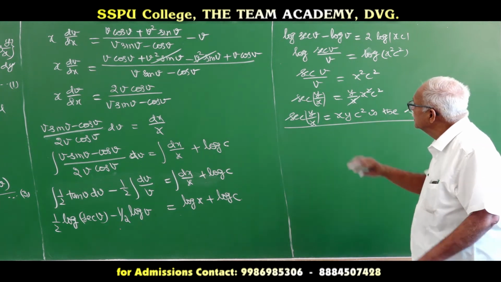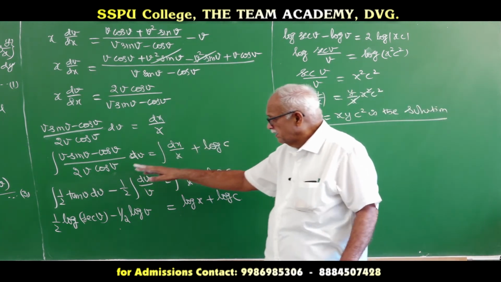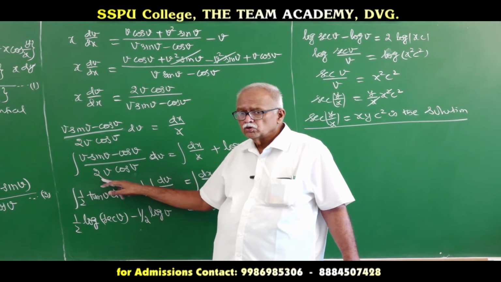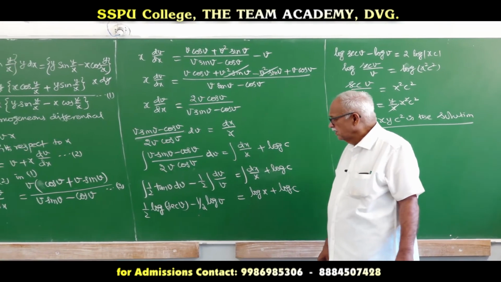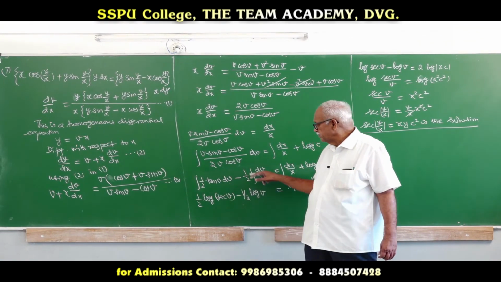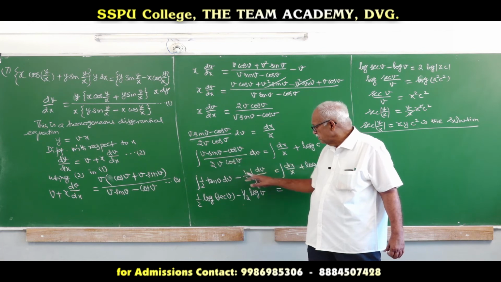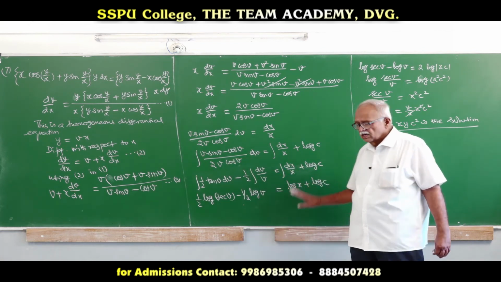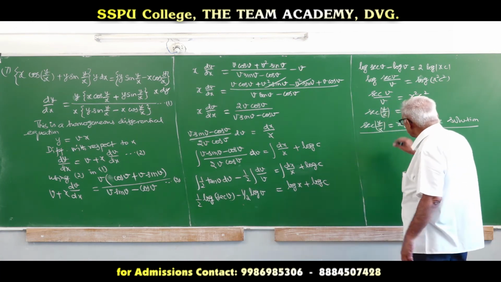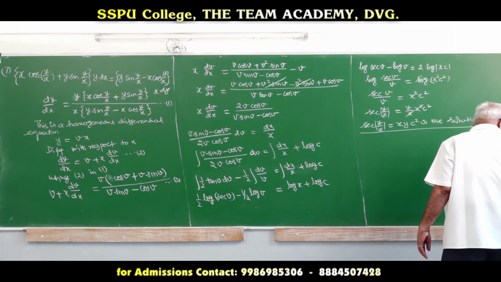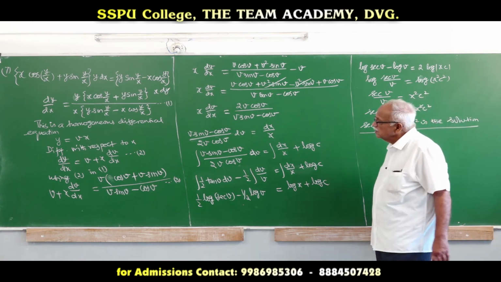You can see the integration of this is taken like this, v sin v by 2v cos v. So, 1 by 2 tan v, 1 by 2 cos v cancels, 1 by 2 dv by v. So, this is the integration, and the simplification using logarithmic properties we have done. Secant y by x is equal to xy into c square. So, this completes 7th question.